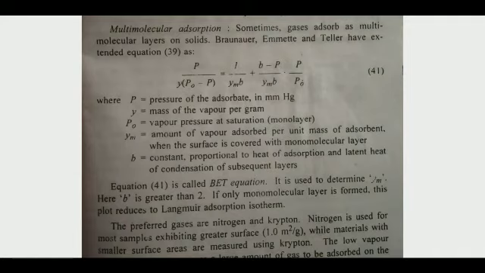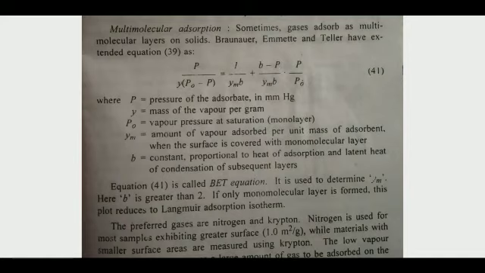This equation can be described as: p divided by y into p naught minus p is equal to 1 by ymb plus b minus 1 divided by ymb into p divided by p naught.